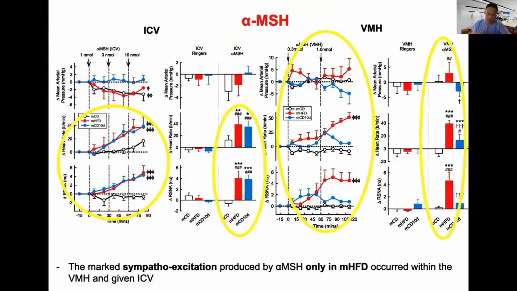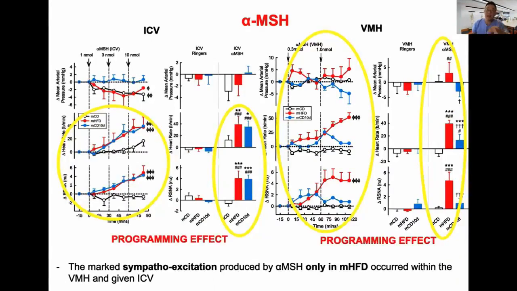Now, when the alpha MSH was given, there were really exciting findings where both ICV and VMH showed a marked increase in heart rate and renal sympathetic nerve activity in the maternal high-fat diet animals, as well as blood pressure in the VMH injection. So, clearly showing that these results in the offspring are similar to the adulthood study.